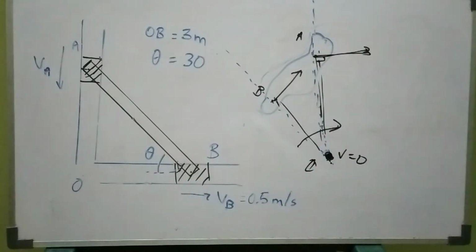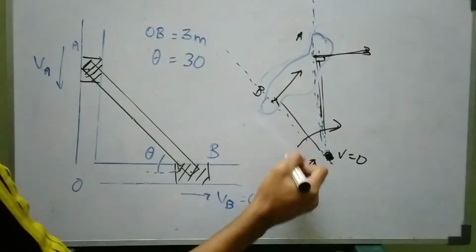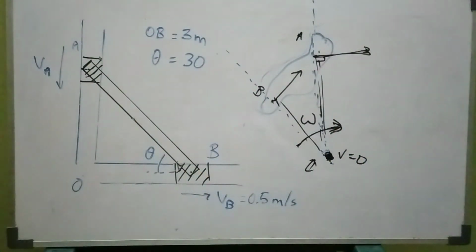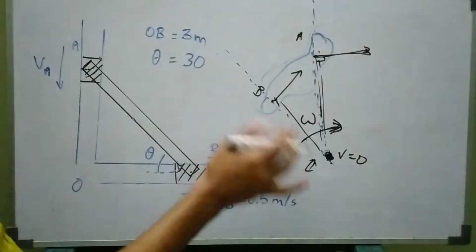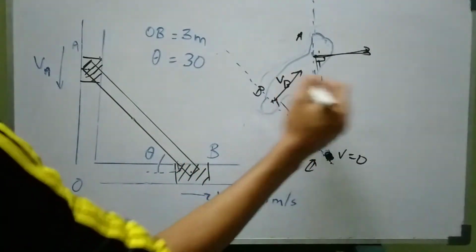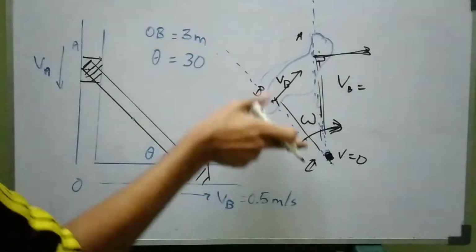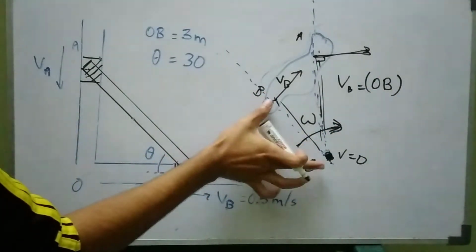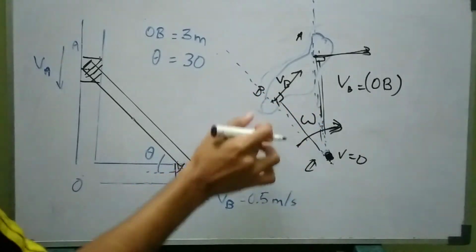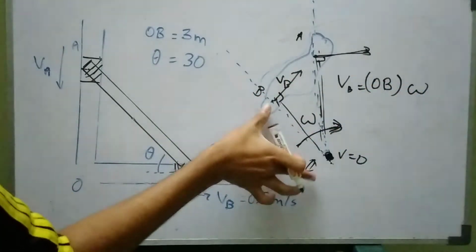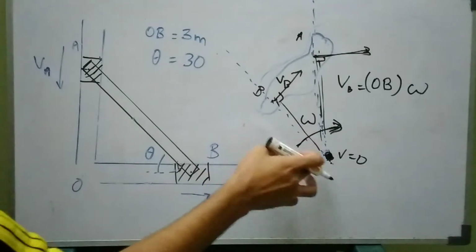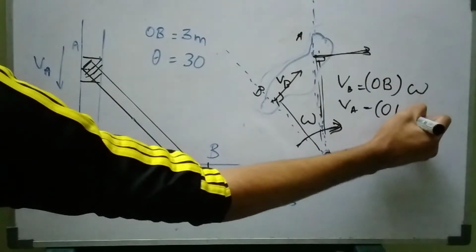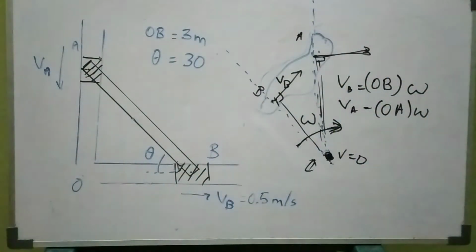So if the body is moving with angular velocity omega, we can directly tell VB would be OB, the perpendicular distance OB, into omega. Likewise, VA is equal to OA into omega. This is similar to circular motion.